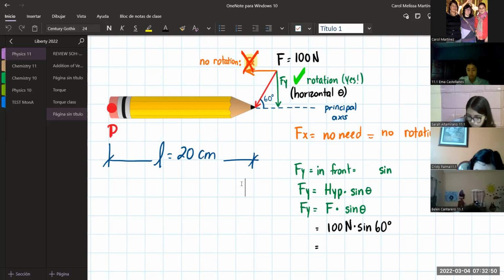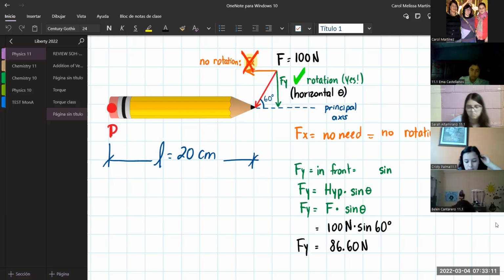How much do you get? 86.60. So now this is the value for the force that we are gonna be using, the only force that is actually doing the rotation.